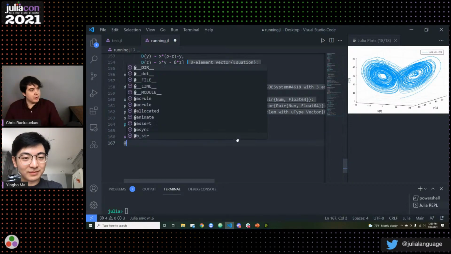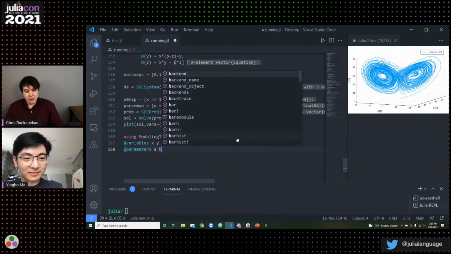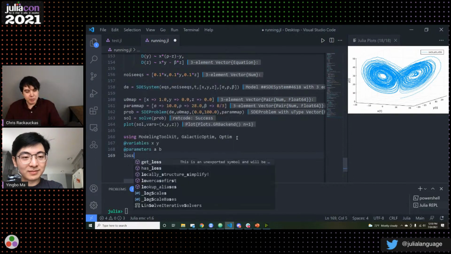The variables that I want to define my optimization problem on are x and y. And then I want to have parameters A and B, right? Just like the rest of the SciML ecosystem, these are optimization problems with parameters. So that way, at least in the near future, I'll be able to differentiate with respect to the parameters.